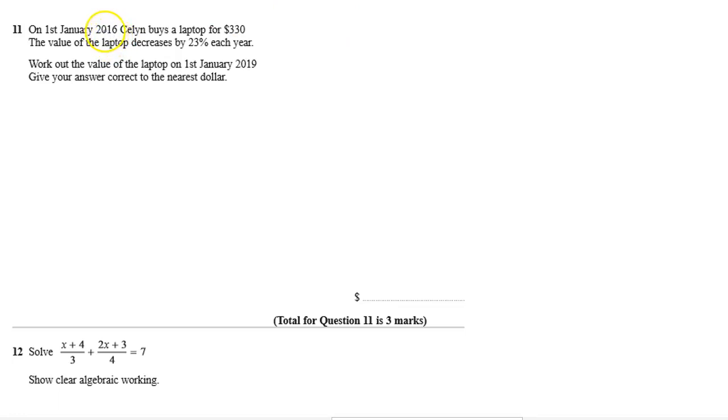She purchased the laptop on January 16. That is January 16 to January 19. January 16 to 17 is 1 year, then 17, 18 and January 19. So this time is 3 years.